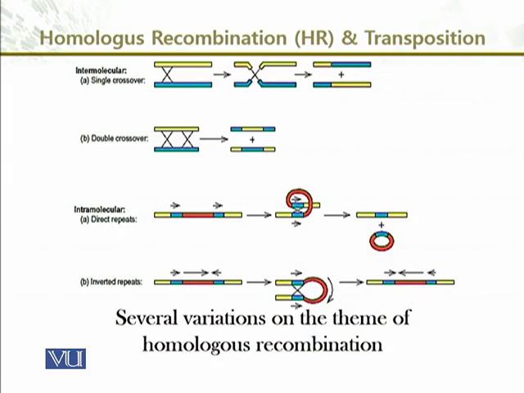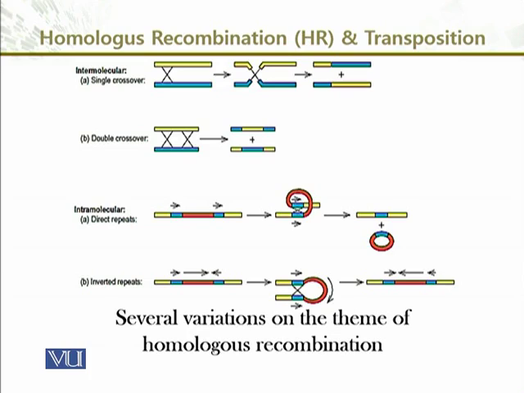As we can see here, there is a single exchange on the top. Then there is a double crossover, where two sites are involved and the genes cross over. Then there is an intramolecular crossover, where the DNA bends, certain specific sites are moved, and a new segment is produced.